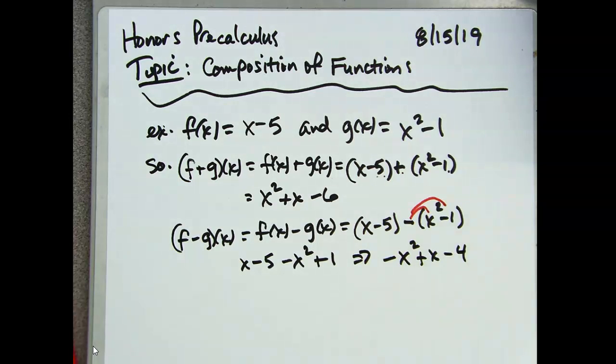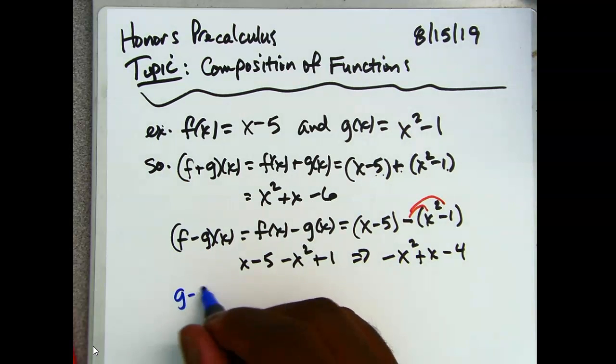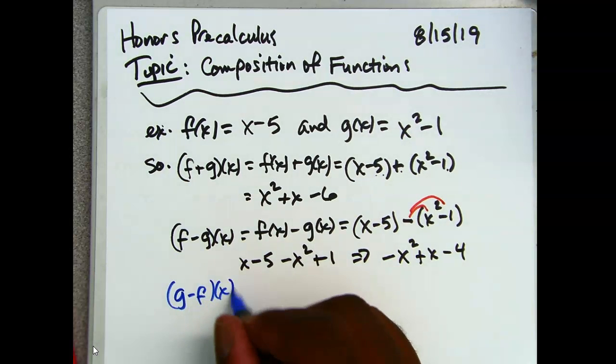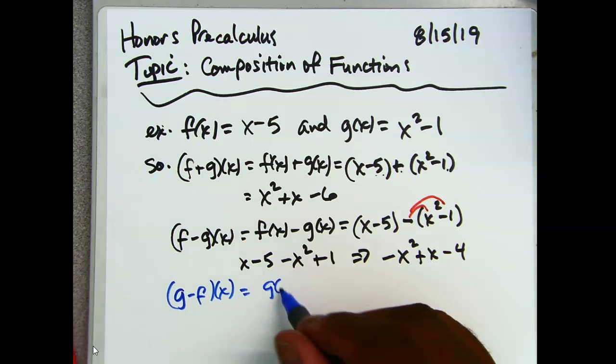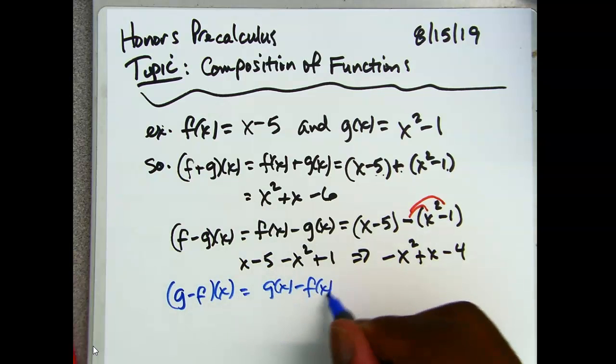And then I believe we said that f minus g and g minus f are not the same. So let's take a look at that. g minus f of x is g of x minus f of x.